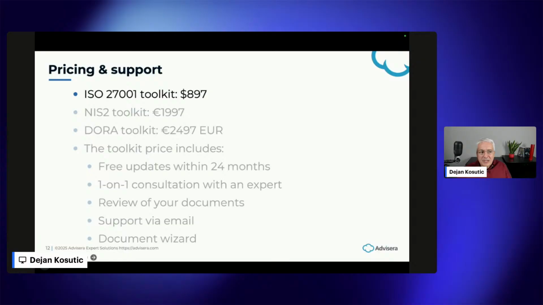Okay, so regarding the pricing, these toolkits are one-time payments, so there is no recurring payment. For the 27001 toolkit, this is $900 US. For the NIS2 toolkit, it's 2,000 euros, and this includes the English version, but also the localized version translated into your language.